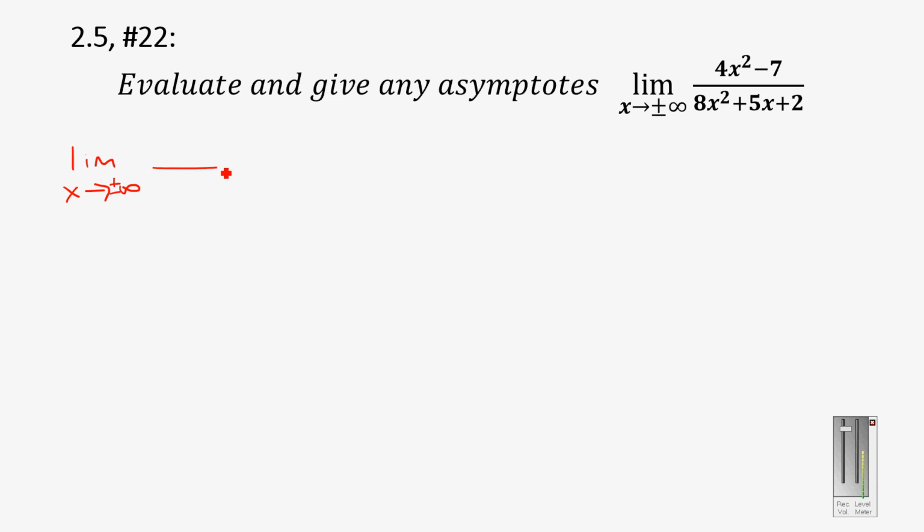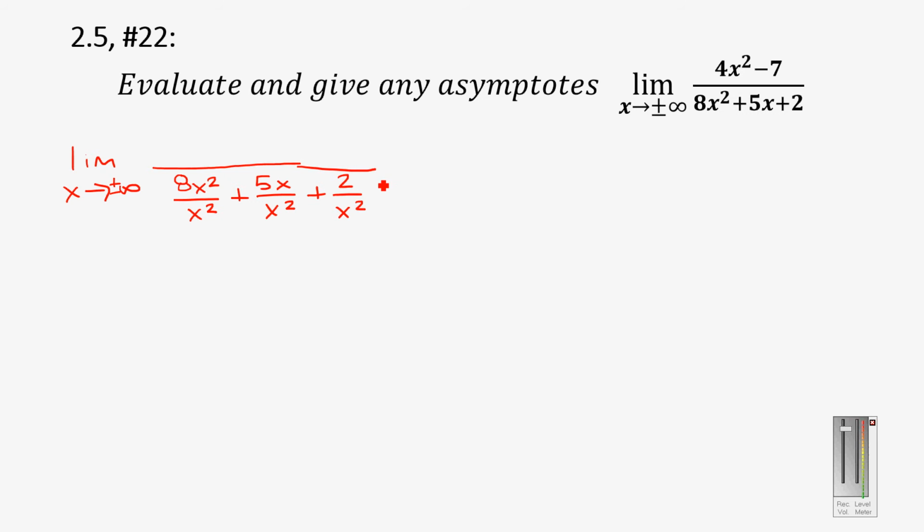Let's start out in the bottom. We're looking at the denominator for the highest exponent, 8x squared, so x squared is the highest exponent. We'll do 8x squared over x squared plus 5x over x squared, so everything divides by x squared, plus 2 over x squared.